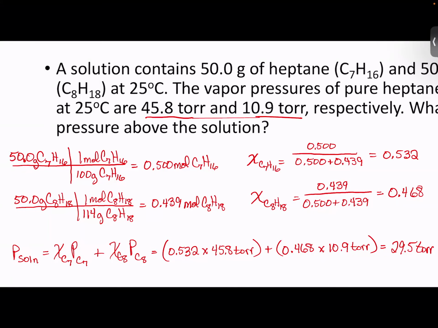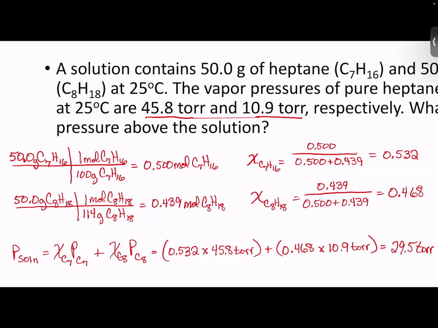Now, as I said before, you should always see, does it make sense? In this particular case, the pressure of the solution should reside between that of the solute and that of the solvent. So when you're dealing with a volatile solute, the pressure should be between that of the solvent and that of the solute. The fact that we got 29.5 is good because that is between our two.